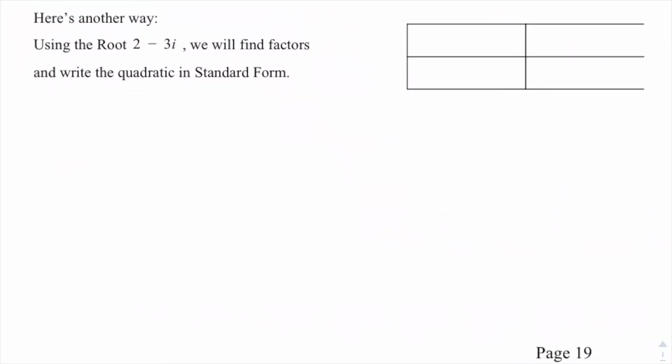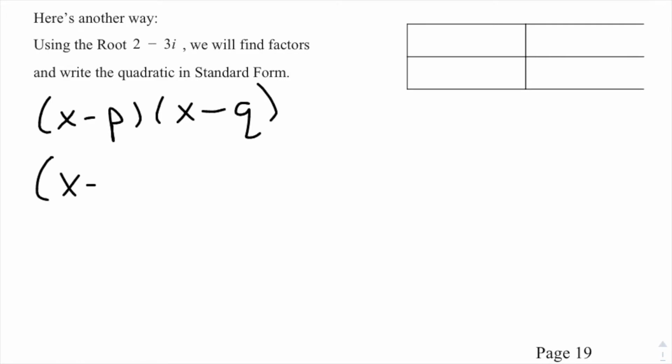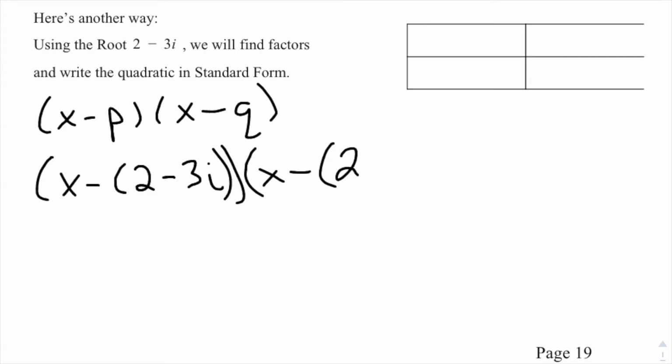There's another way to do this to find our standard form. We can use the idea that we had earlier where roots are of the form x minus p and x minus q. If the roots are complex conjugates, we know that we have the factors of x minus 2 minus 3i times x minus 2 plus 3i, and that can break down, and we can distribute that negative, and then we can use the commutative property to redo this here.